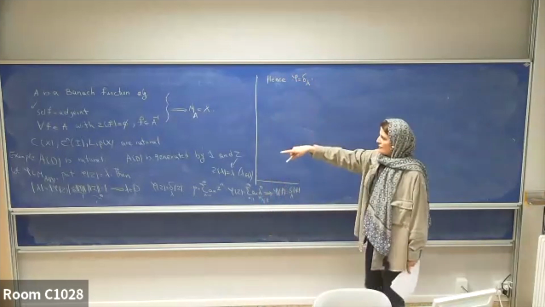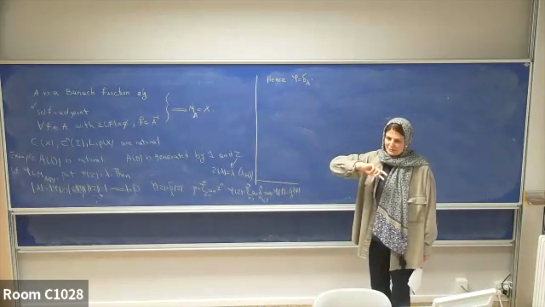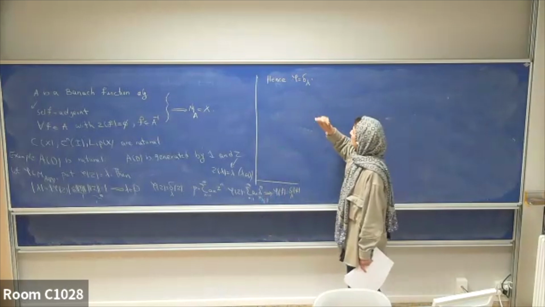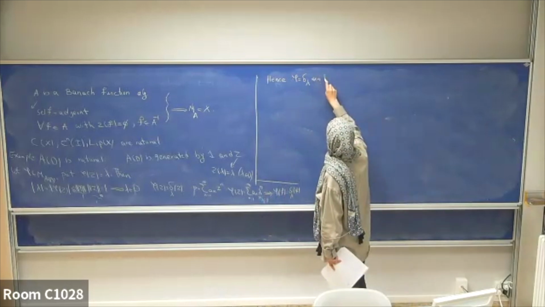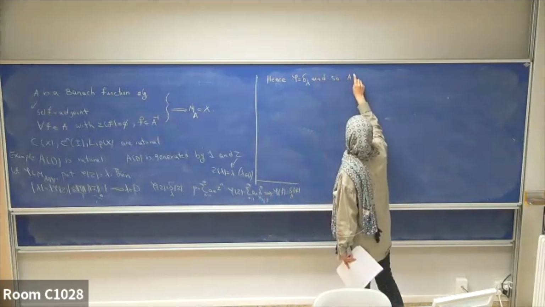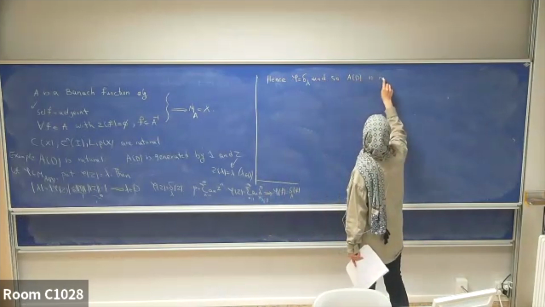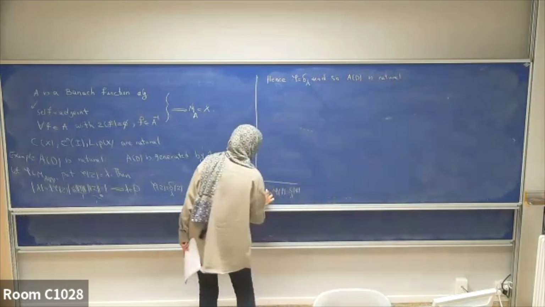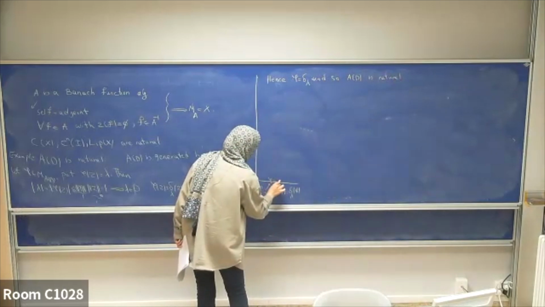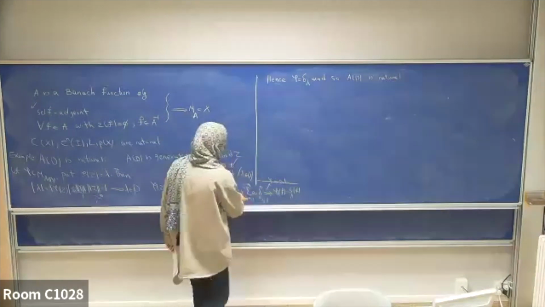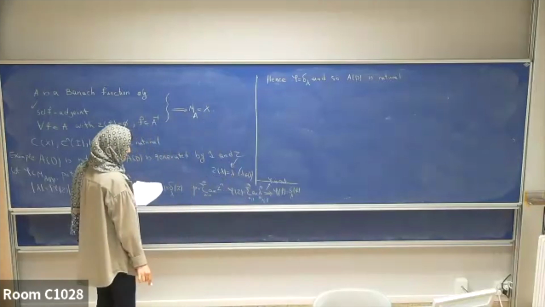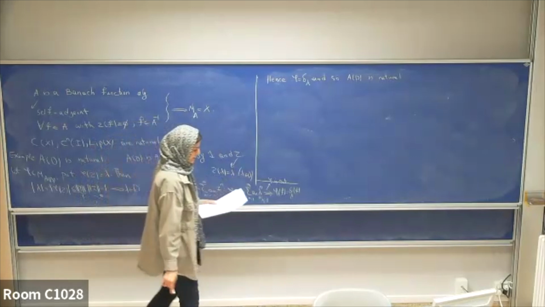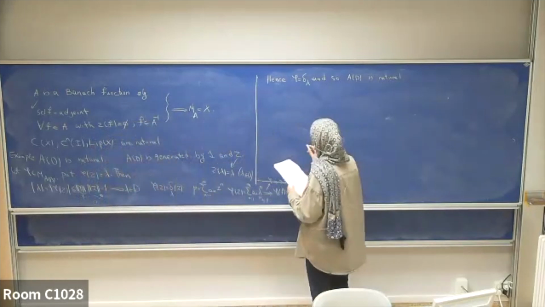Each element in the maximal ideal space of this algebra is of the form of an evaluation homomorphism. So AD is natural. The key here is that phi is continuous and f is the limit of polynomials. I didn't write some details, but I just said it orally anyway.